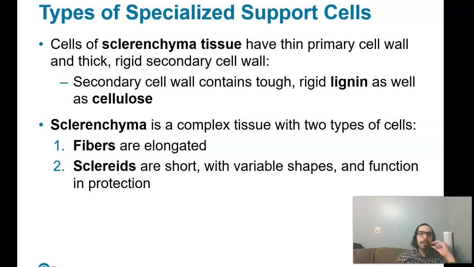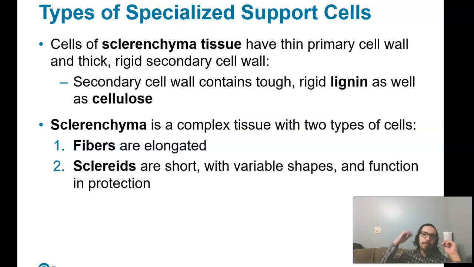Okay, so now moving on to the sclerenchyma. So the cells of the sclerenchyma tissue have thin primary cell walls and thick, rigid secondary cell walls. The secondary cell walls contain tough, rigid lignin as well as cellulose.